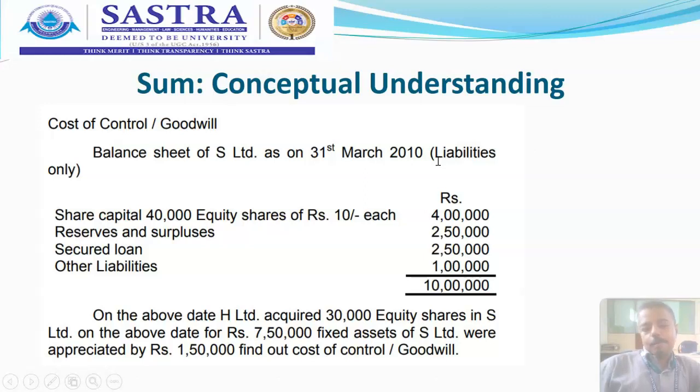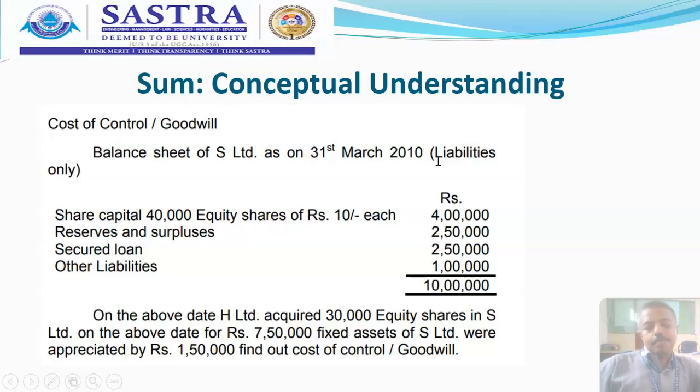So now we have share capital. The proportion of share capital is 3 lakhs. The proportion in reserves and surplus, that is to the extent of capital profit, is 1,87,500. And we have appreciation of fixed assets, 1,50,000, and 3/4 of it is 1,12,500. So altogether it comes to 6 lakhs.